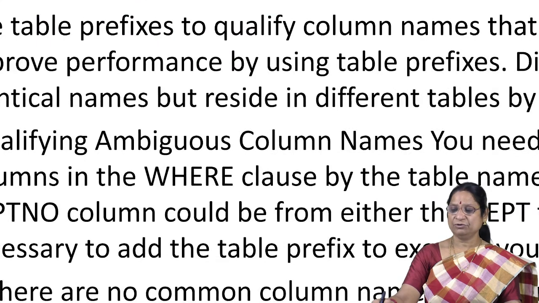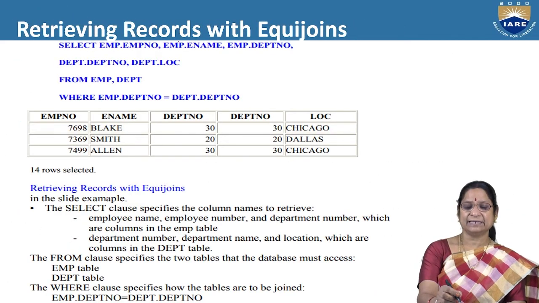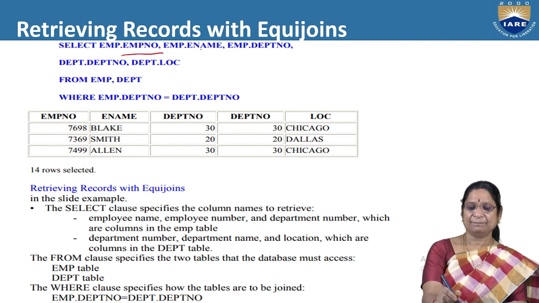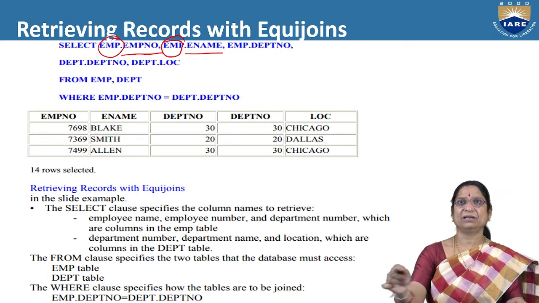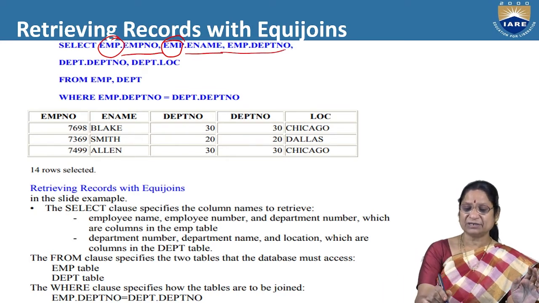That's why, you observe here in select, emp number and ename: this qualification is not mandatory because employee number and ename don't exist in the department table. They exist uniquely, so you can directly use them. But for department number, it is mandatory.